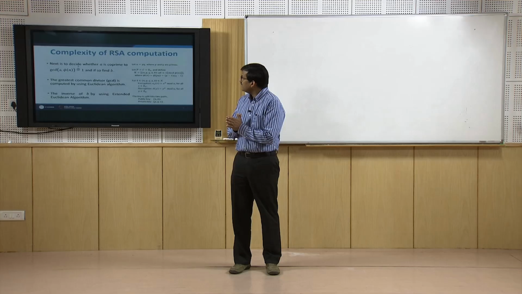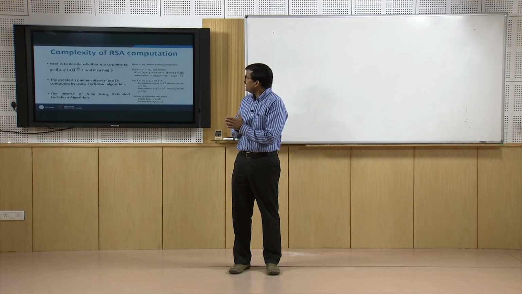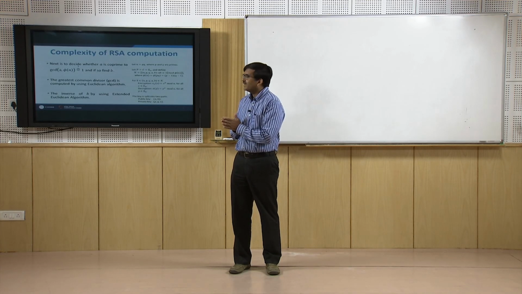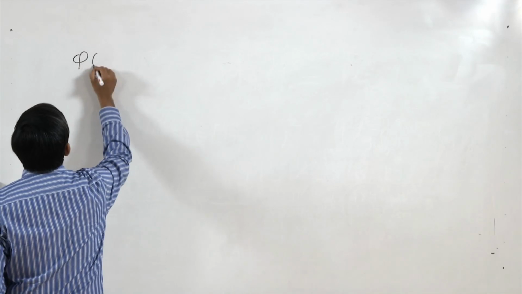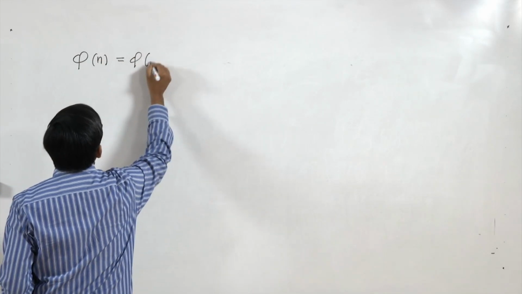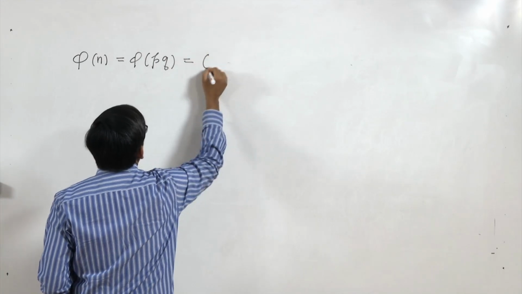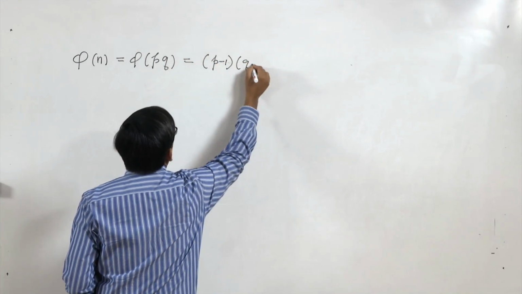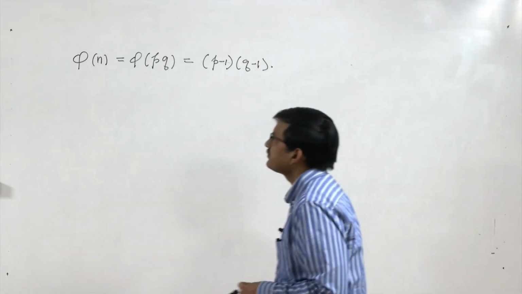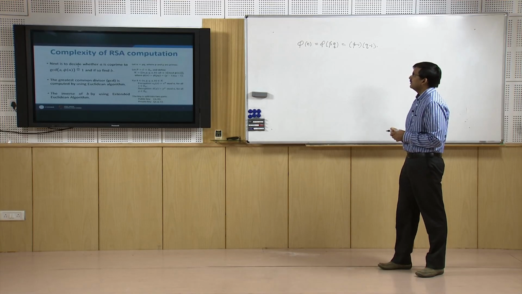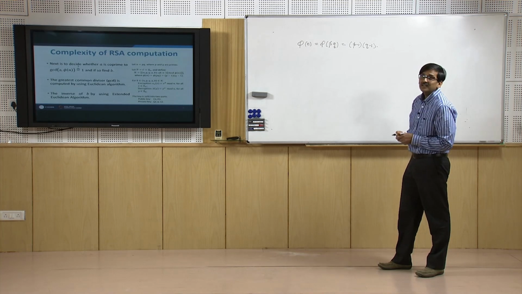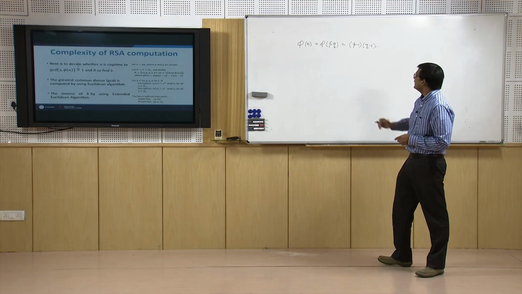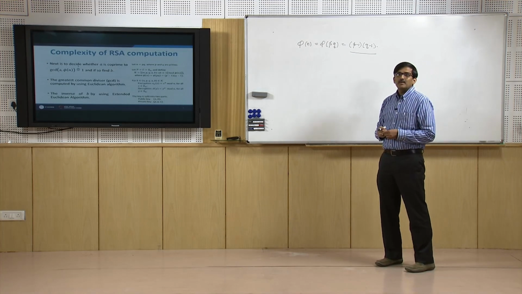So, we have to decide whether A is co-prime to phi n. Now, what is phi n? We know that phi n is equal to phi of p q, which is equal to p minus 1 and q minus 1. Now, if we do not know the factorization of n, then we cannot get this value very easily.